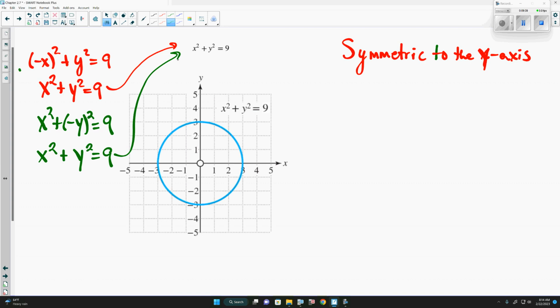And is this the same as our original function? Yeah, so it's also symmetric to the x-axis.